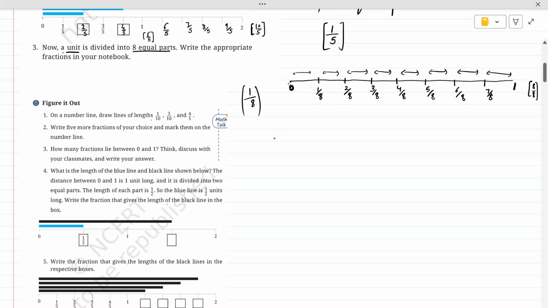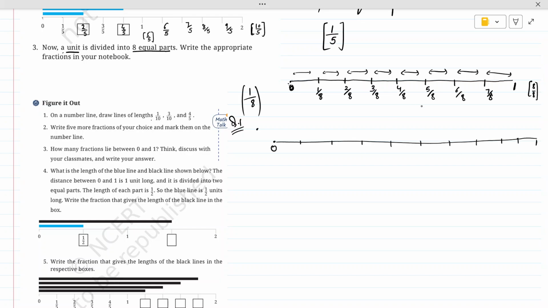So let us make another line here, I am writing here question number 1, from 0 to 1, where we should have 10 equal parts. So 10 parts means 9 separators. 1, 2, 3, 4, 5, 6, 7, 8, 9.